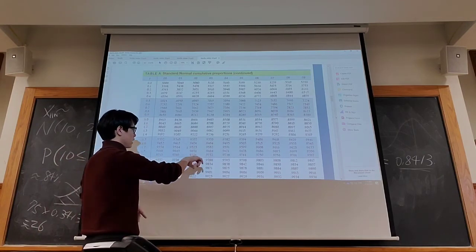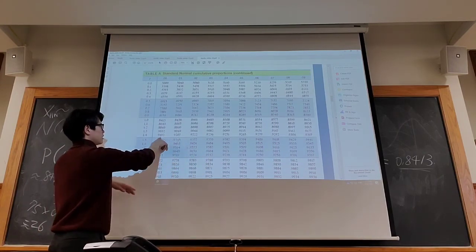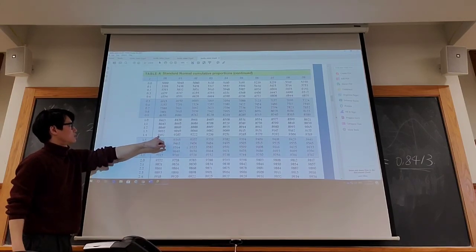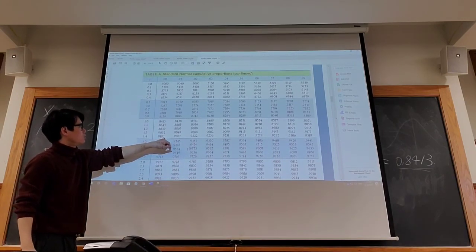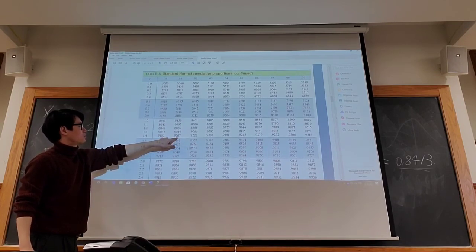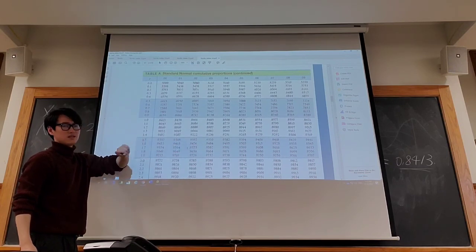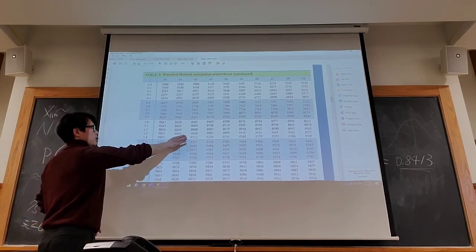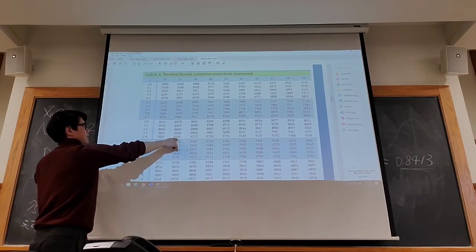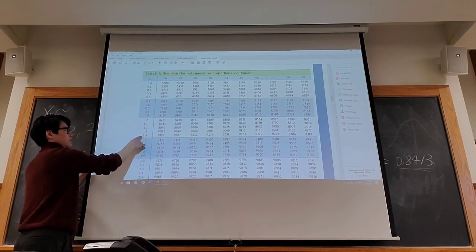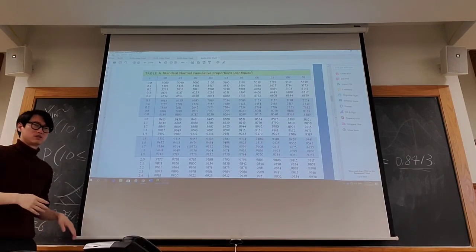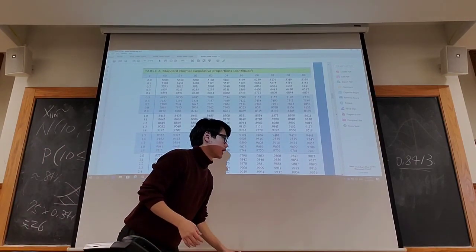So among these numbers, I can find here: this is 0.9207, and this is 0.9192. So this is closer to 0.92, right? So I'm gonna pick this one. And that means the z-score 1.41 corresponds to the 92%.